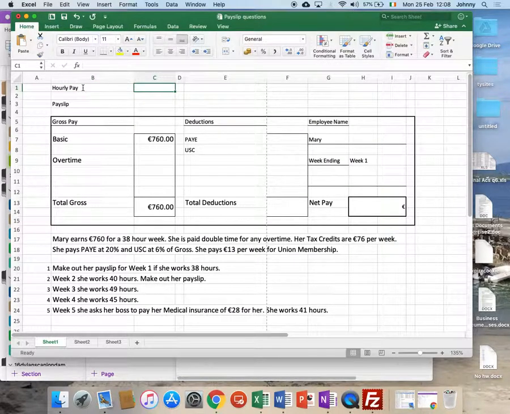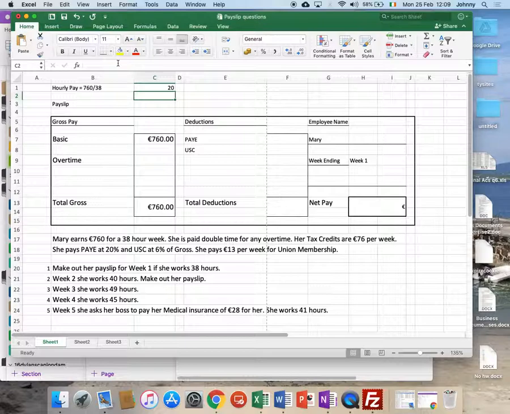So, how do I work out how much Mary earns for 1 hour? Well, 760 is what she gets for 38 hours. So you divide that by 38 and that will give us her hourly pay. Is everyone happy enough for that? Yeah. So 760 divided by 38 gives me €20 an hour.